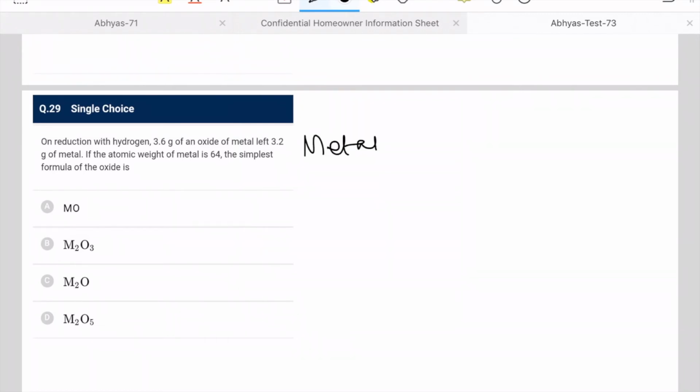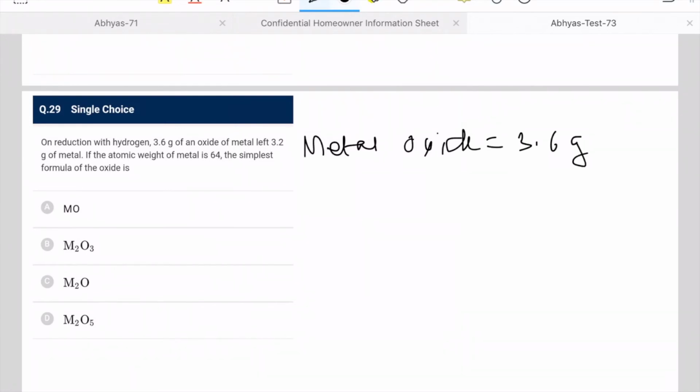Metal oxide is 3.6 grams, metal is 3.2 grams, so oxygen is 0.4 grams.